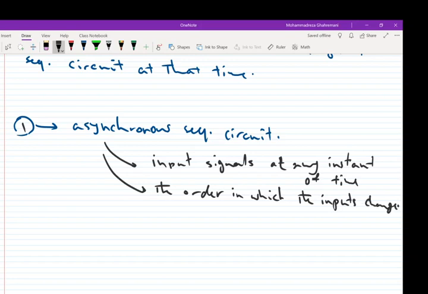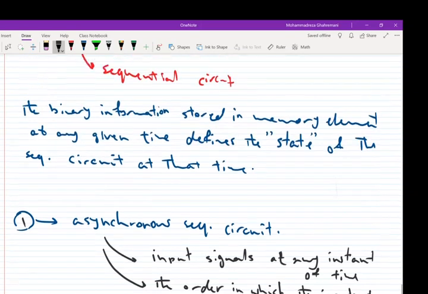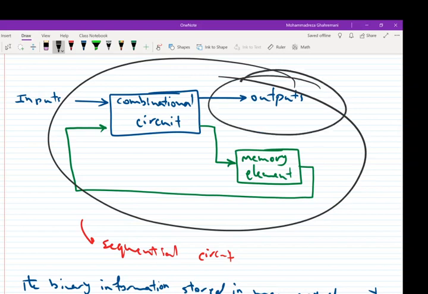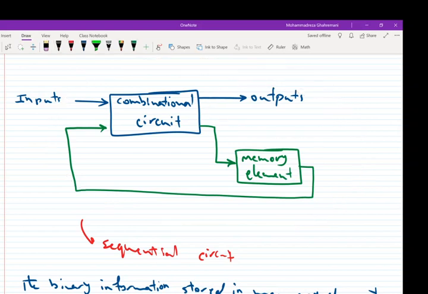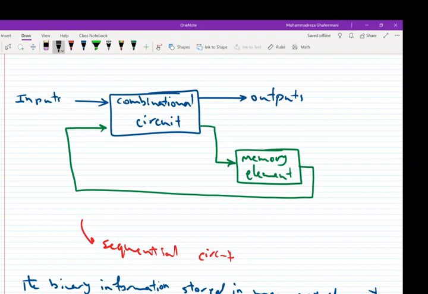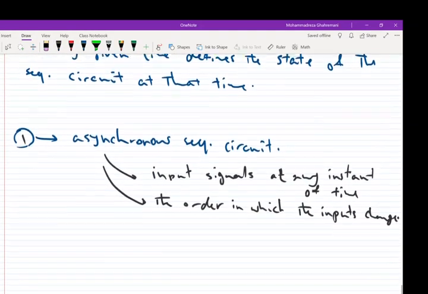Okay, so let me tell you what does it mean. It means that we have this circuit, we have outputs. These outputs depends on the input at any instant time and the order of inputs that we receive. Well, how do we know what is the order? The order of inputs can be stored in the memory element. Okay, so this one is the asynchronous sequential circuit.